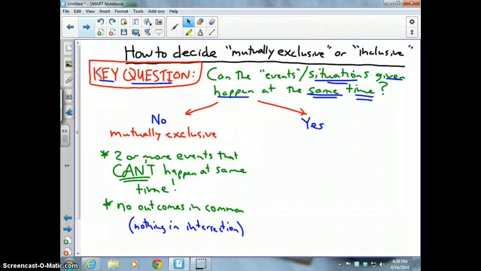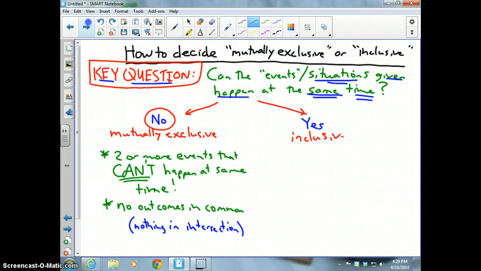The key question again is, can the events given happen at the same time? If the answer to that question was no, we had mutually exclusive events. But today in this video, if the answer is yes, they are going to be inclusive events. Now, what does inclusive mean?